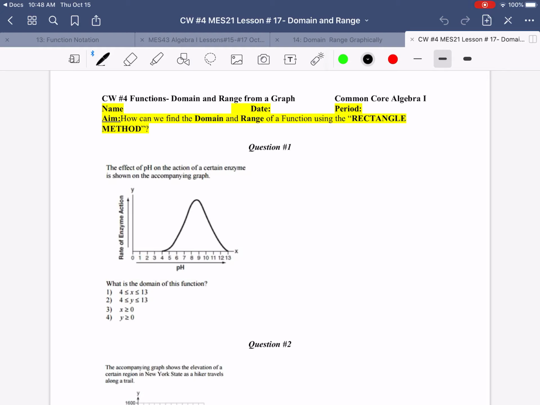Okay, so first, in your notebook, copy the highlighted things: the aim, write your name, the date, and copy the aim in your notebook, and we'll get started with the first question. You can copy the graph. You don't have to draw the exact thing, but draw it as best as you can. Make sure you're labeling the X and Y axis.